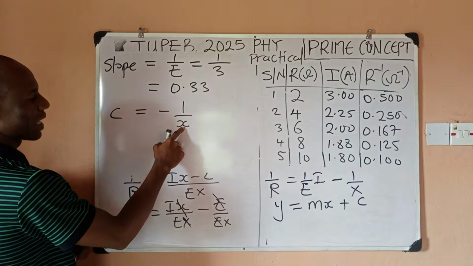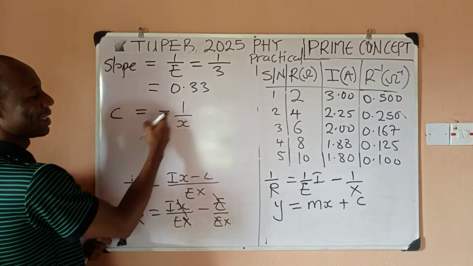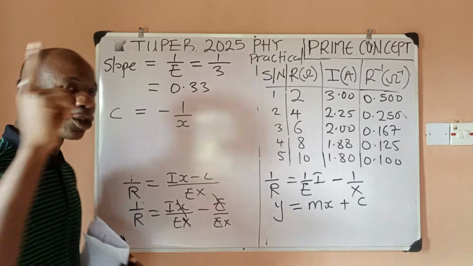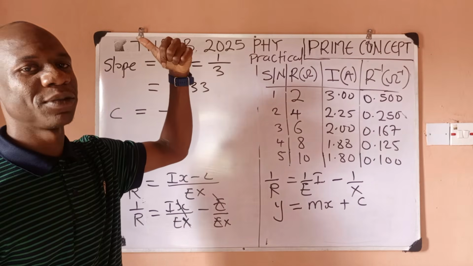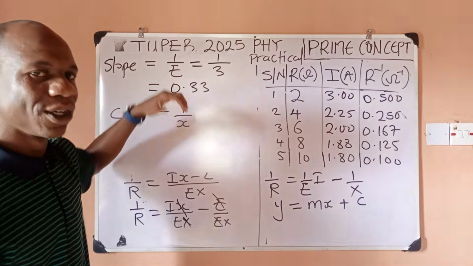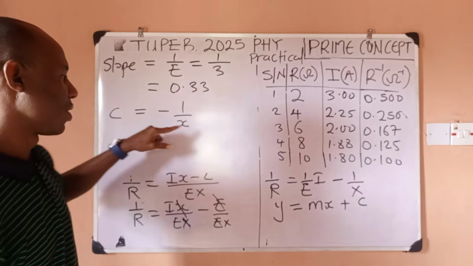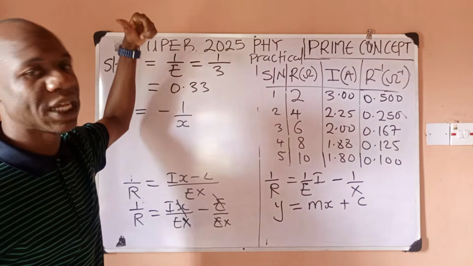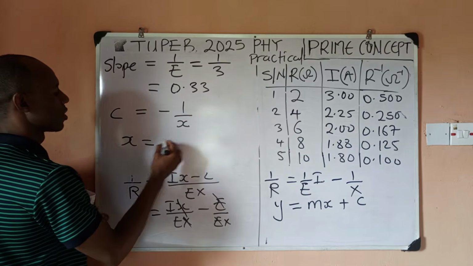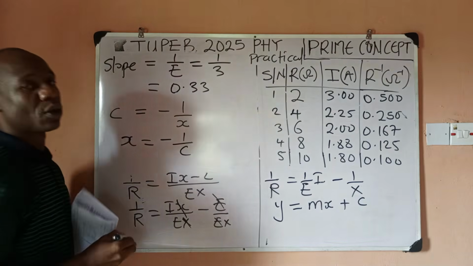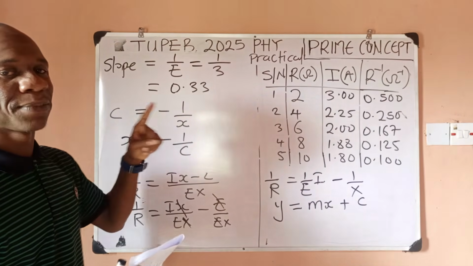So if you make x the subject, you can see that your intercept is actually the negative of 1 over that unknown resistor, which they did not let you know from the beginning. So those marking will know if your answer is correct, because they expect that you should get the same value they used. If you want to know, x is going to be minus 1 by c.